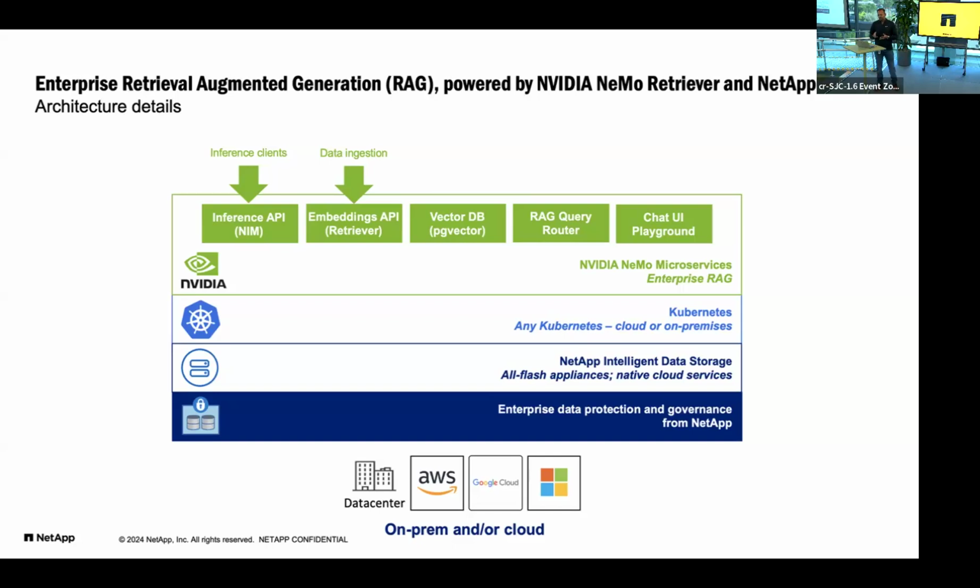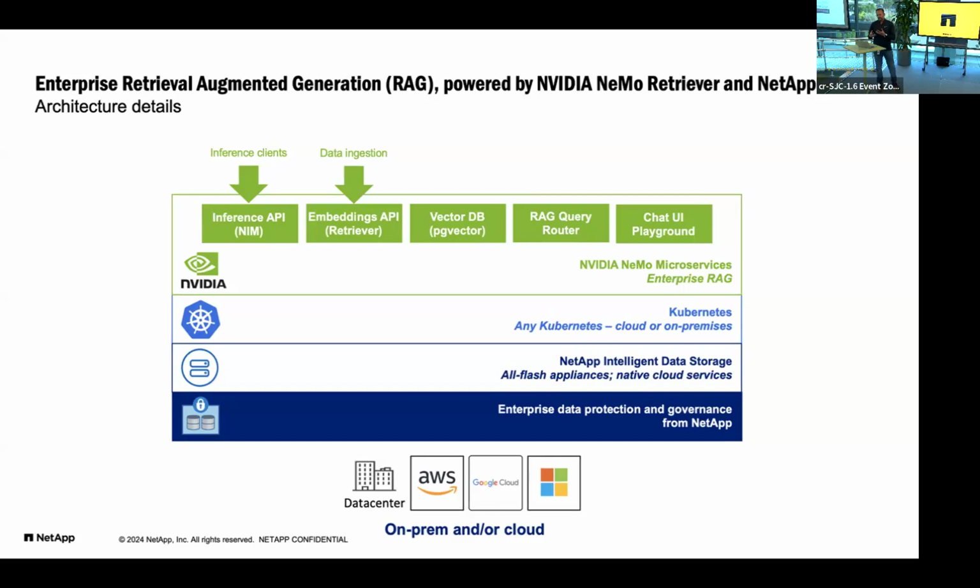So we did the prototype with that, and on the top layer you can see they call this the NVIDIA NeMo family or NVIDIA Generative AI, where they have multiple services as part of the NeMo family. They're coming up with all these microservices.